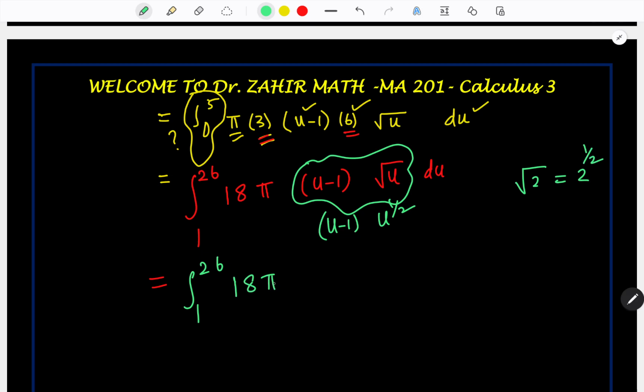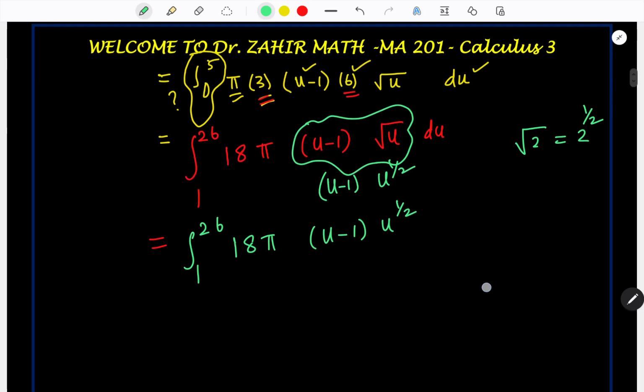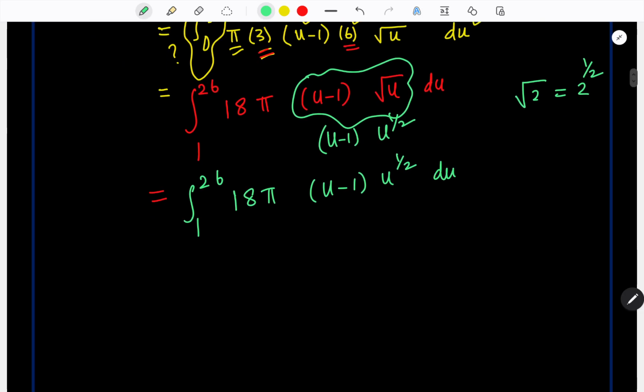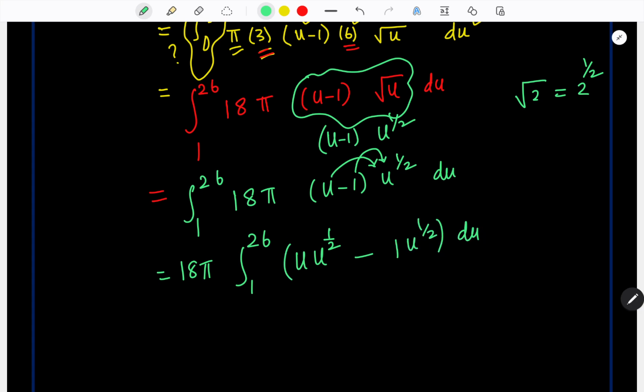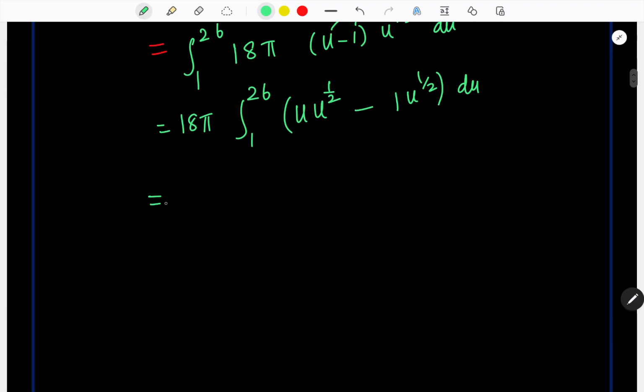So 18 pi, u minus 1 and then u power half into du. 18 pi is a constant, 1 to 26. I slowly multiply u power half, and then multiply minus 1 with u power half into du.